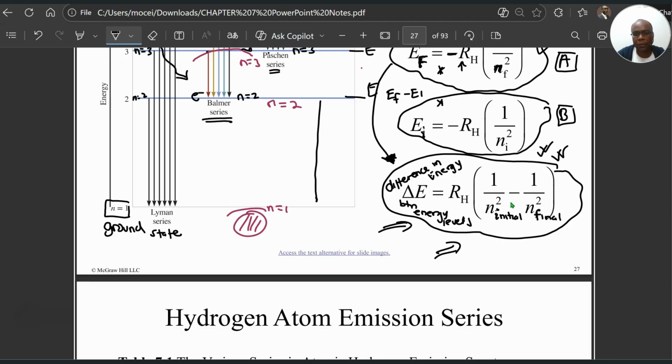So for example, if this is n equals 1 and this is n equals 2, n equals 1 is going to be my n final.